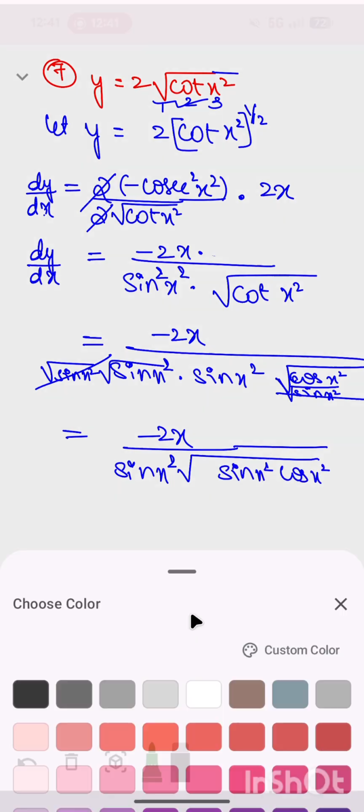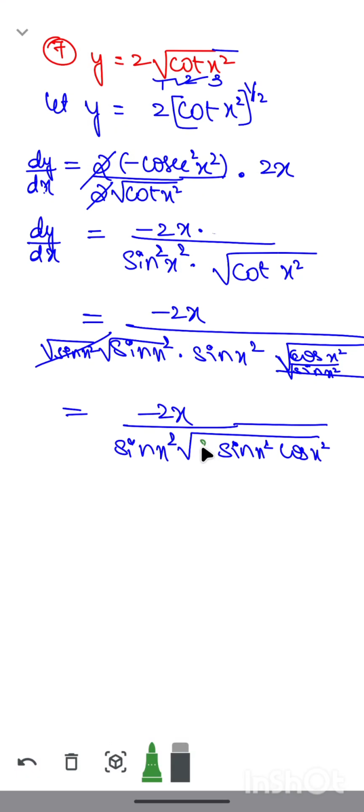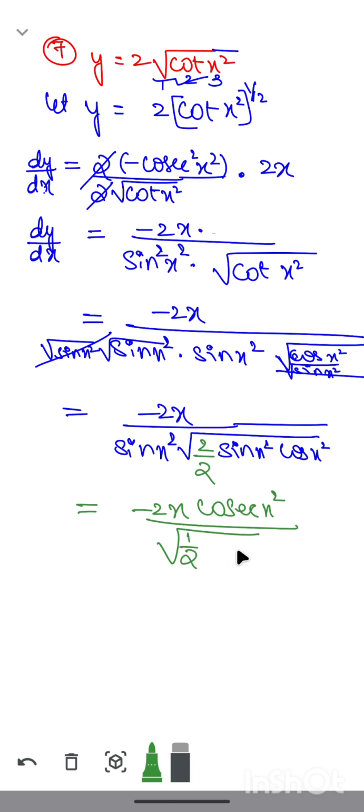Now along with this, if I multiply and divide by 2, then the terms 2 sin x square cos x square will look like the 2 sin theta cos theta format. Accordingly we get minus 2x into 1 by sine, which is nothing but cosecant, so cosecant of x square, and within the root we get root of 1 by 2 into sine 2x, that is sine 2 into x square.